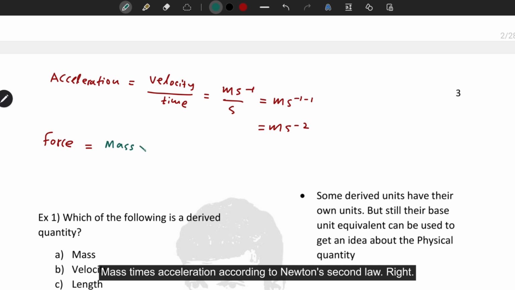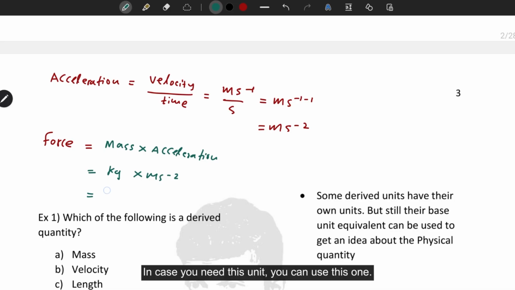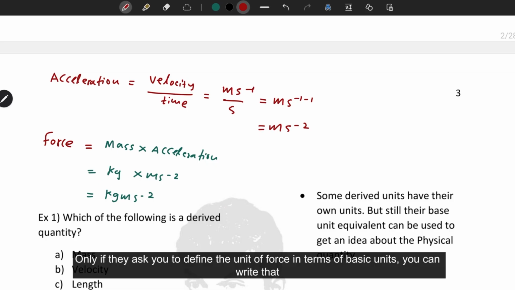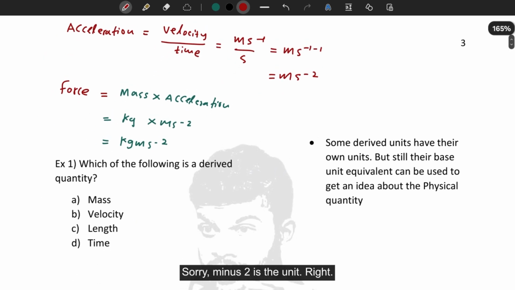Mass times acceleration, according to Newton's second law. Now we have mass, which is measured in kilograms, and we have just come to know that the acceleration unit is m s minus 2. In case you need this unit, you can use this one, but I highly recommend you to use the other one only if they ask you to define the unit of force in terms of basic units. You can write that kg m s minus 2 is the unit.